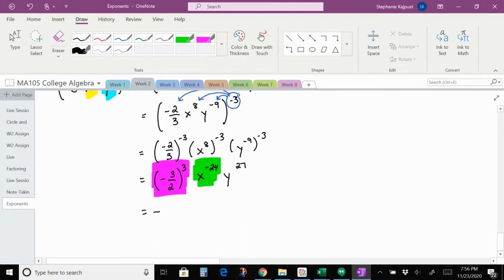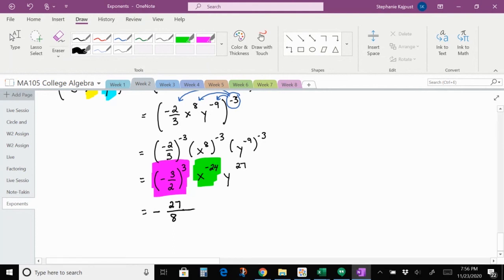And then you're just cubing the numbers. So 3 cubed is, I believe, 27. So I'm going to get 27 on top, and then 2 cubed is 8. So -3/2, that whole thing cubed is going to give me -27/8.